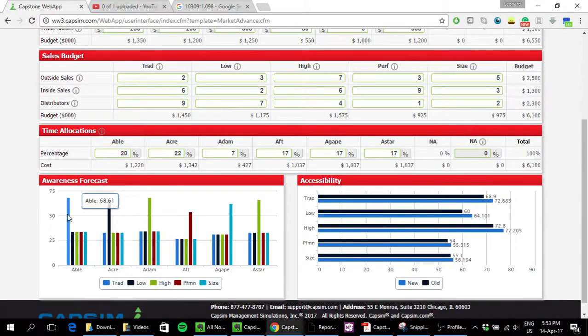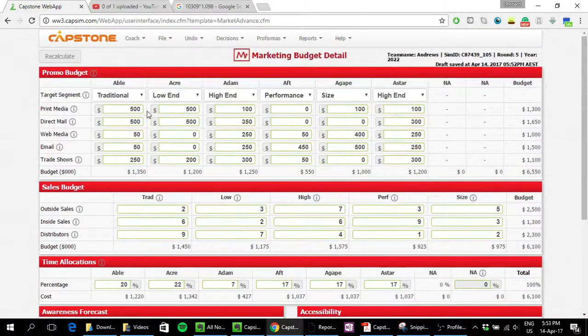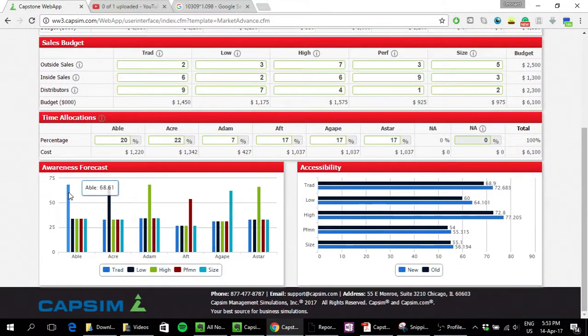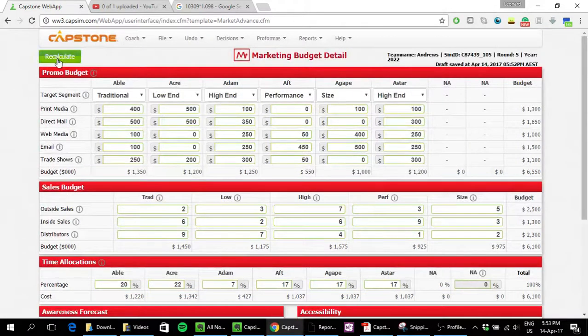Now my current awareness is at 68%. I'm going to show you an example. Let's say I decrease print media by 100, and I put in 50 in each of these poor performing platforms. Right now it's 68.61.